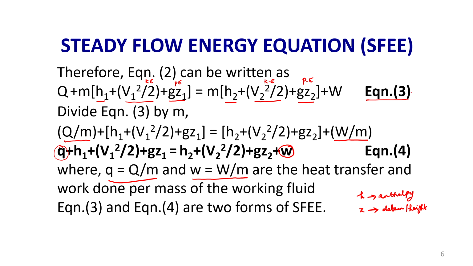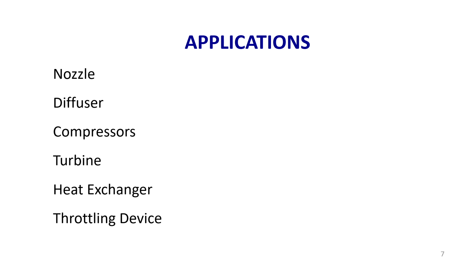Equation number 3 and equation number 4 are the two forms of the steady flow energy equation. Depending upon the conditions given in the problem, we can apply either equation number 3 or equation number 4.